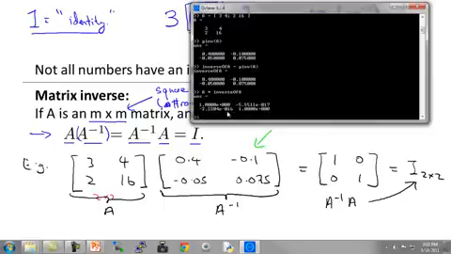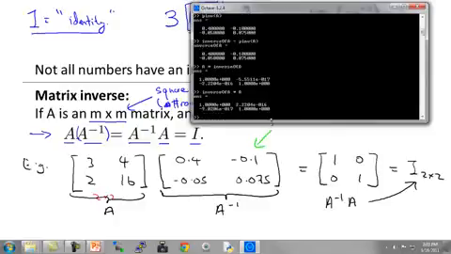Up to numerical precision, up to a little bit of round-off error that my computer had in multiplying these two matrices, these numbers off the diagonals are essentially 0. So A times the inverse is essentially the identity matrix. I can also verify that inverse of A times A is also equal to the identity, with ones on the diagonal and values that are essentially 0 except for a little bit of round-off error on the off-diagonals.